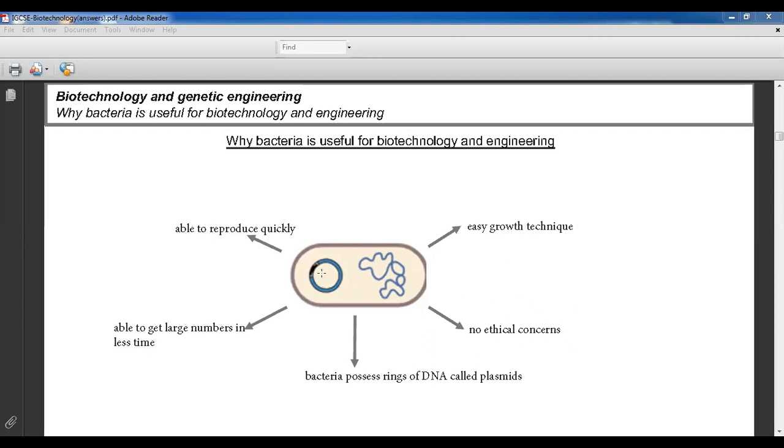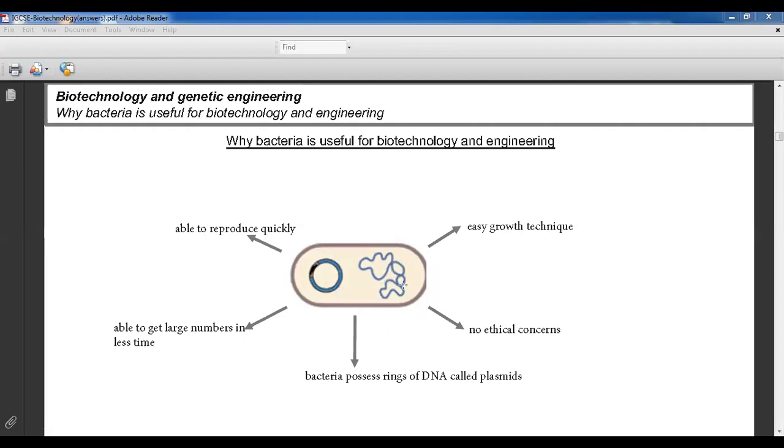Third, a good quality of bacteria is that bacteria possess a ring of DNA called a plasmid. Bacteria have an extra chromosomal ring, like this, in addition to the chromosome.